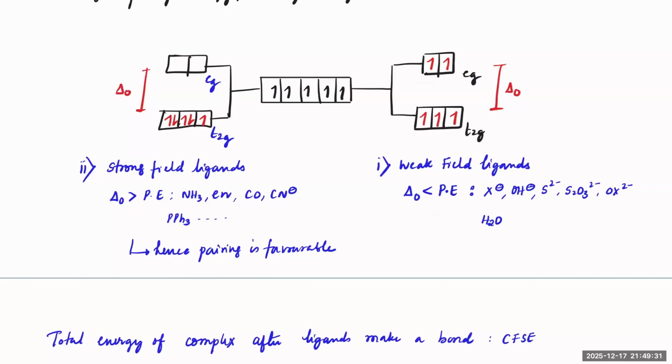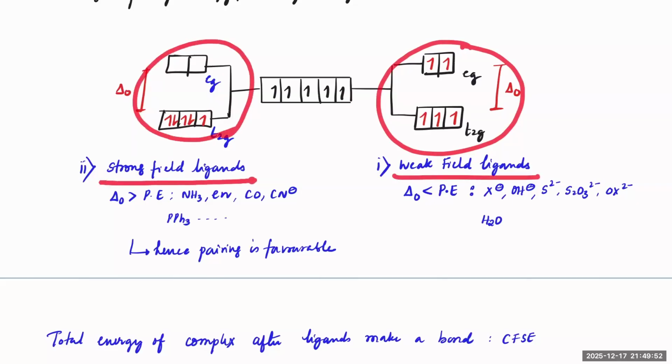All the halogens and oxygen-connected groups are usually weak field ligands. So based on their field strength, this type of arrangement is observed when you have weak field ligands, and this type of arrangement is observed when you have strong field ligands.